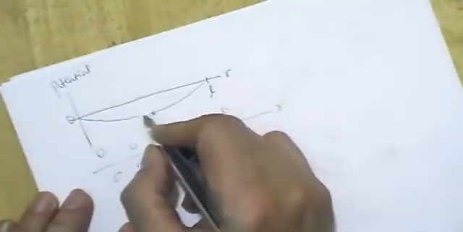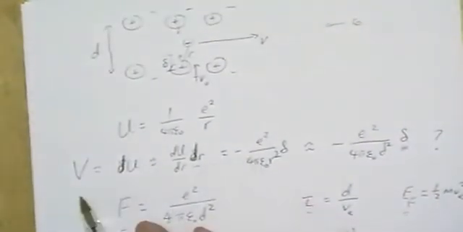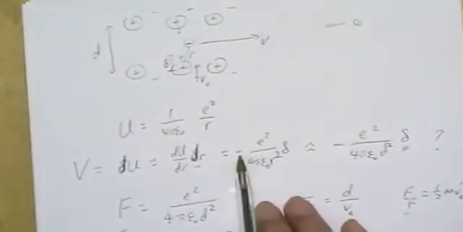Okay, and we know how to calculate this distance. Look at this. V is this, which has a minus sign there already.